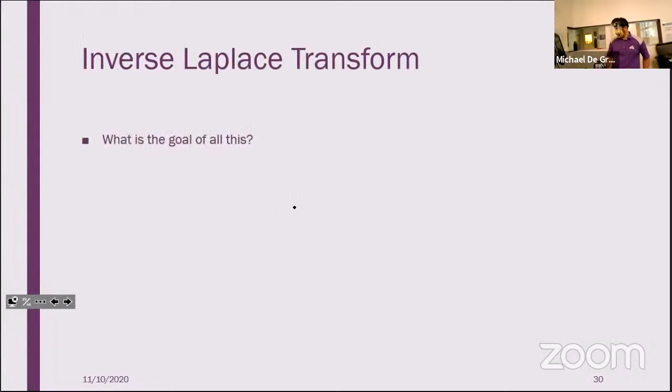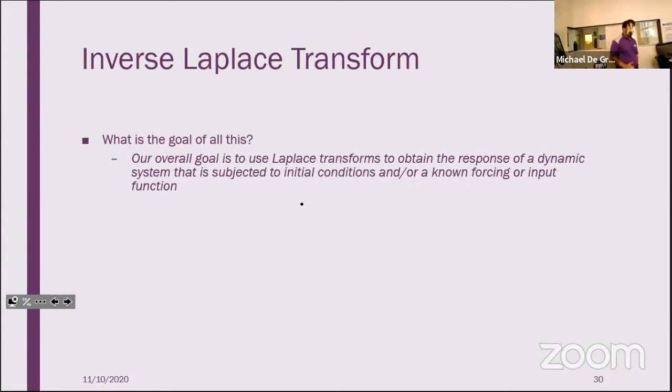So what's the goal? Our goal is to take the Laplace transform of a function of our system model and the input. We're going to mess around with it in Laplace space, then pull it out in the time domain. Why do we want to do this?